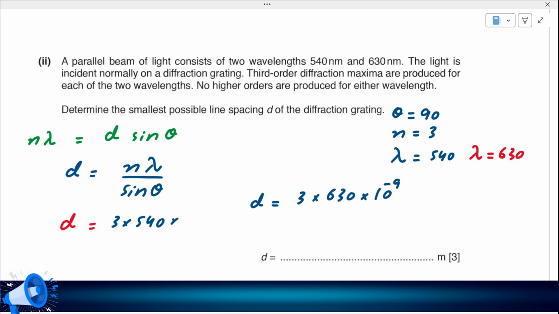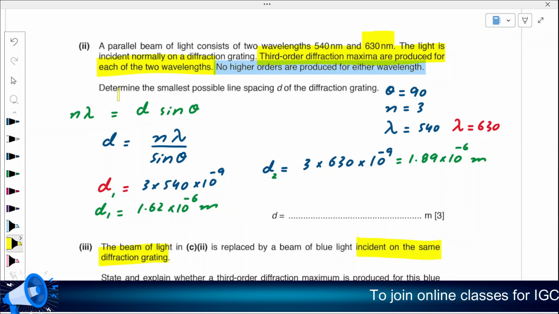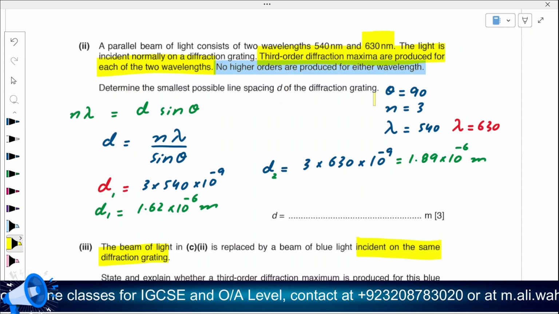But there's one catch here. Only one thing that you need to consider. There is something that we need to consider that was missed initially. The question is, third order diffraction maxima are produced for each of the two wavelengths. And by the way, the question was, determine the smallest possible line spacing d of the diffraction grating.